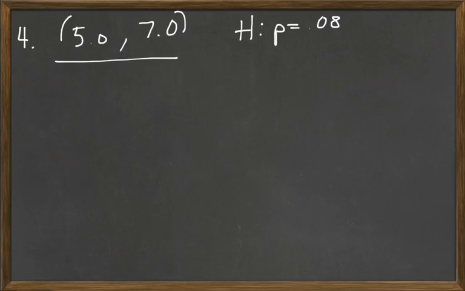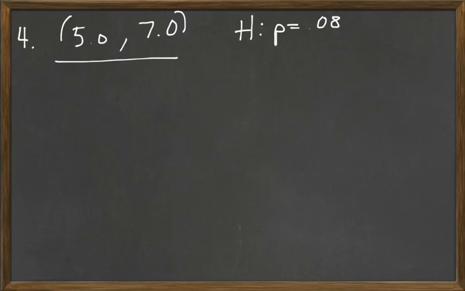Well, 5% to 7%. Remember, my H0 was p equals 0.08, so 8%. Well, do you see 8% in your interval? You would say no. So you're not willing to believe that the percentage is actually 8% anymore.